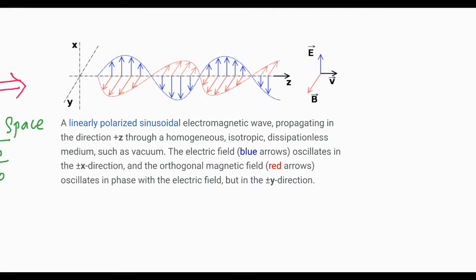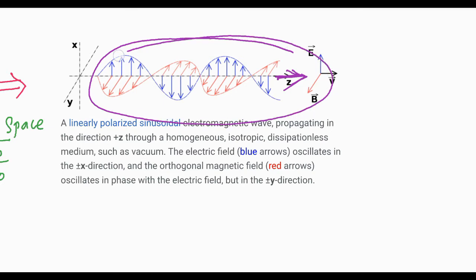This is the propagation direction in the Z direction, and here blue is showing the electric field, which is vibrating in the x direction, whereas the red, that is the magnetic field, is vibrating in the y direction, and the propagation is in the z direction. So this is the representation of an electromagnetic wave.